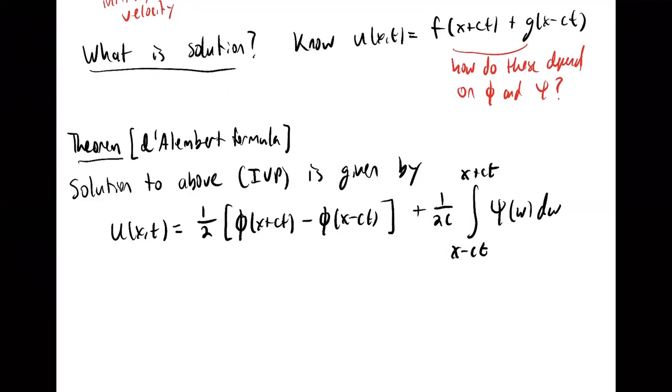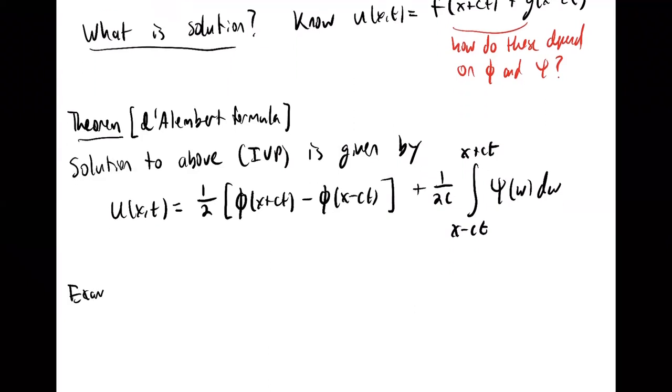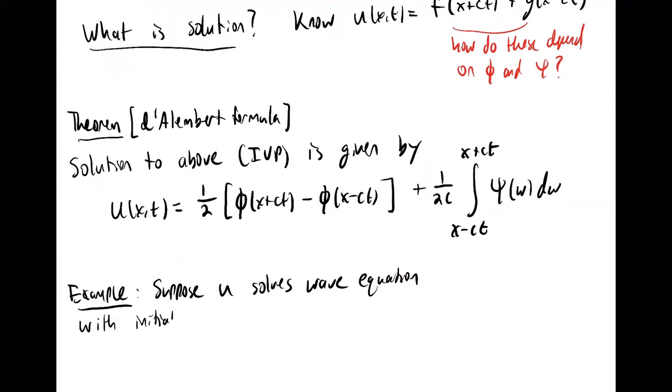Right. So for example, let's suppose u solves the wave equation with the following initial conditions. With the initial position, say u(x,0) is equal to maybe sine of x, which is a reasonable initial condition for a wave because the sine looks something like this, right?